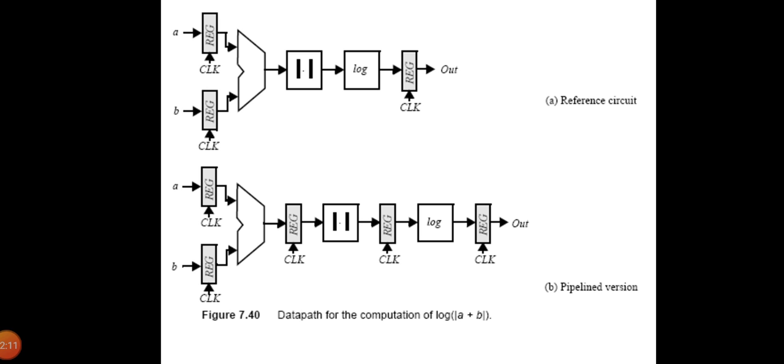The result for the data set of A1, B1 only appears at the output after 3 clock periods, and at that time the circuit has already performed parts of the computation for the next data sets, that is A2, B2 and A3, B3. The computation is performed in an assembly line fashion and hence the name pipeline.